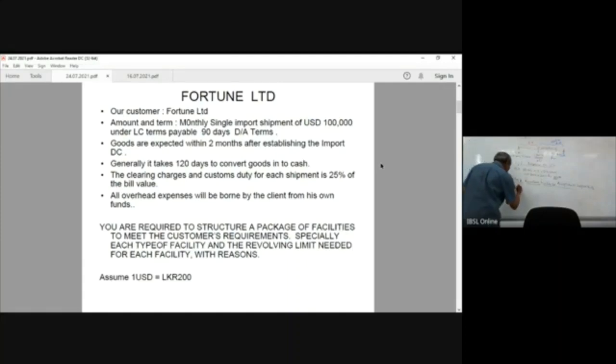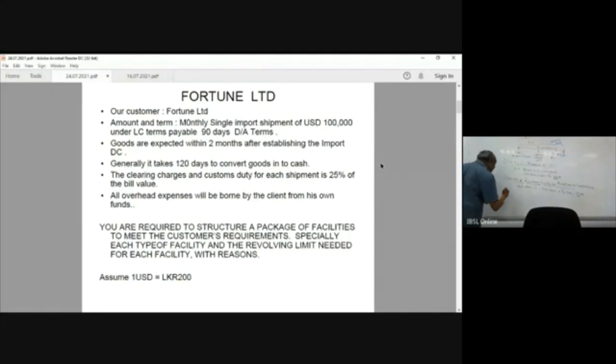So therefore, US dollars 100,000 into 3 equals US dollars 300,000, into 200, which equals rupees 60 million.